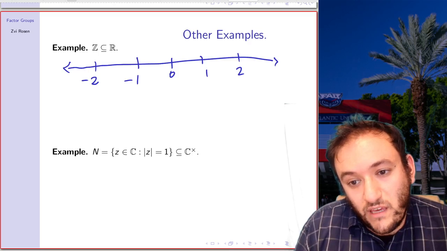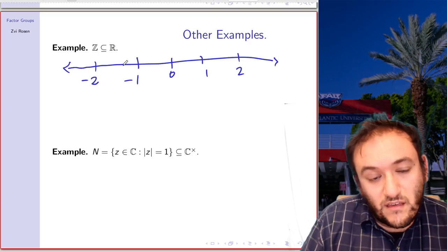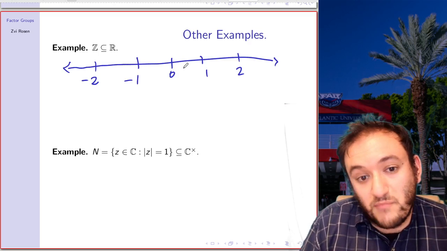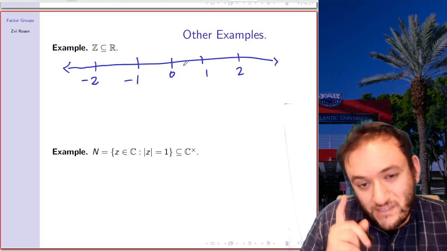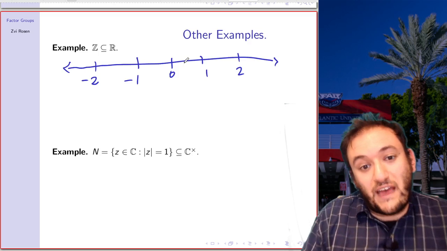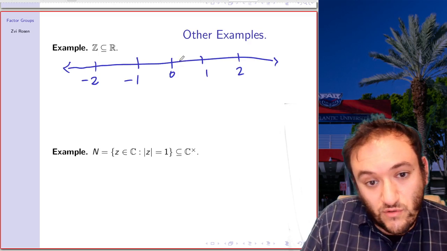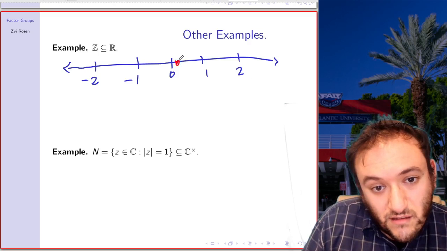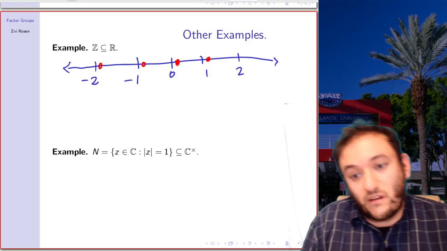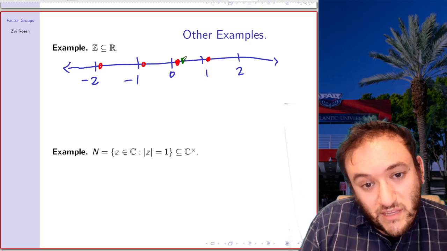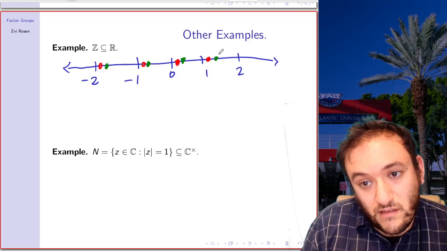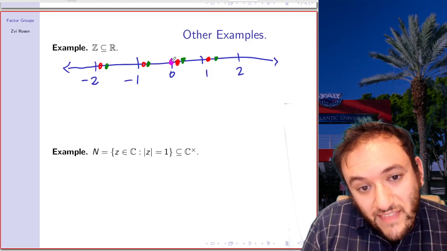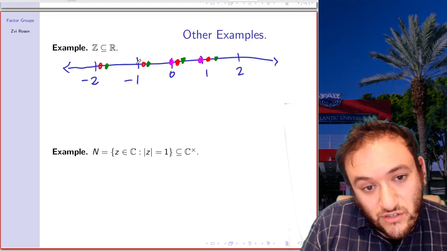But when we take the quotient of R mod Z, we're saying that anything whose difference is an integer is now the same. So we're going to associate this element to this element to this element, etc., going off to infinity. This element to this element to this element, etc., and you get the idea. But we also get that the integers are all identified.